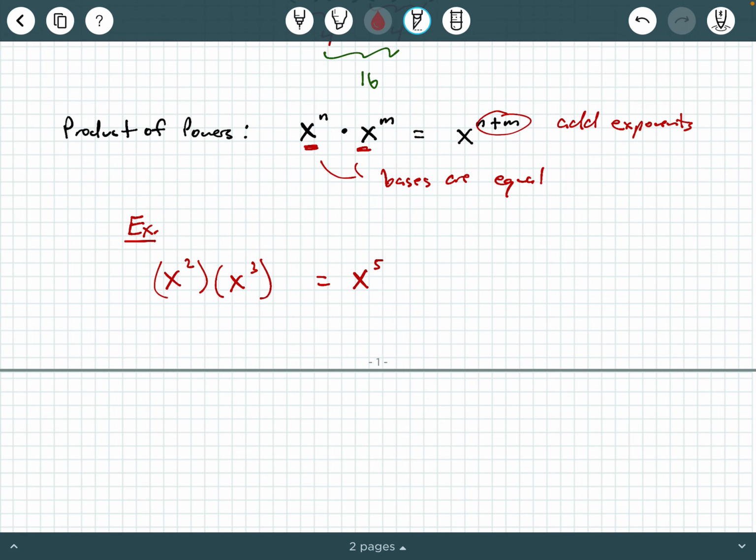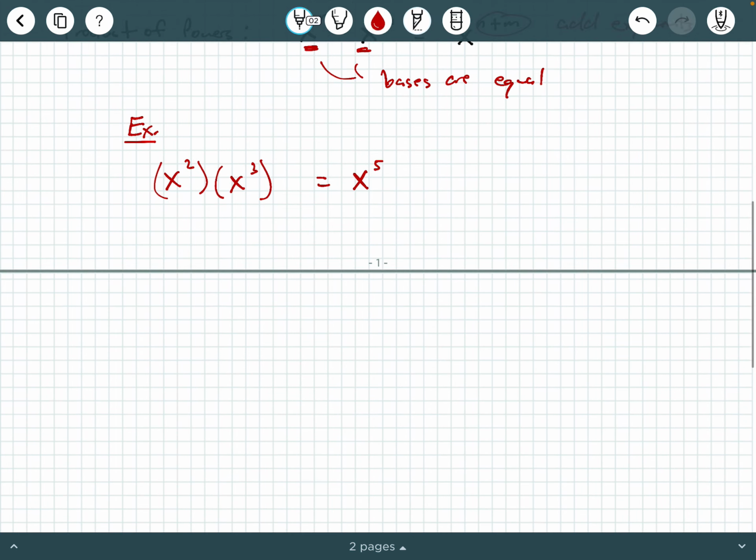Let's keep going. What about the power of a power? Power of a power, that would be like if you had x to the n and then raise it to the m power. So in this case, you would end up with x to the n times m.